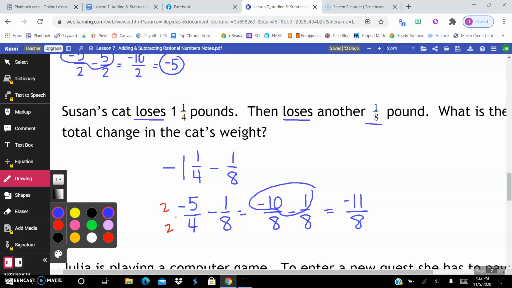So we add them and give them a negative sign. So it's -11/8. Then how many 8s go into 11? That's 1. And then 8 to 11 would be 3 left over. And we keep the denominator of 8 and make sure we bring over that negative sign. So the cat lost 1 3/8 pounds altogether.